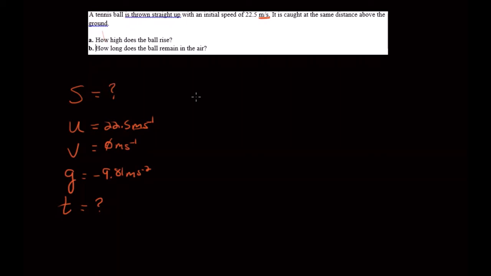All right, so again, let's see how high it goes. We have to use SUVAT. V squared equals U squared plus 2AS. V squared is 0, so we can solve this for S equals negative U squared over 2A.